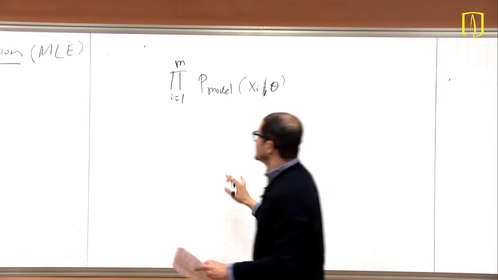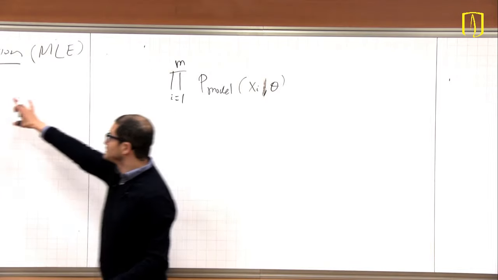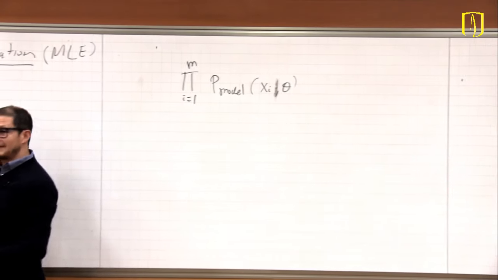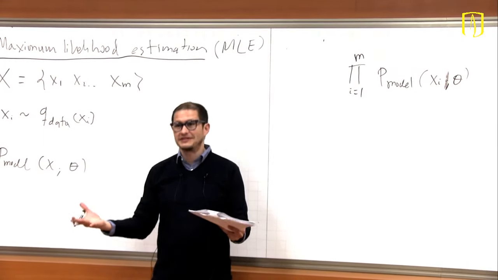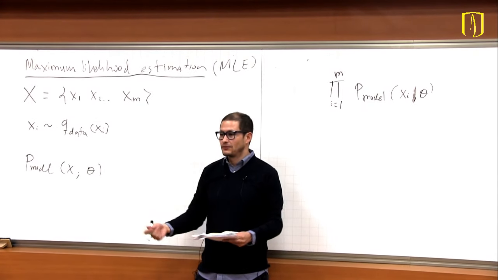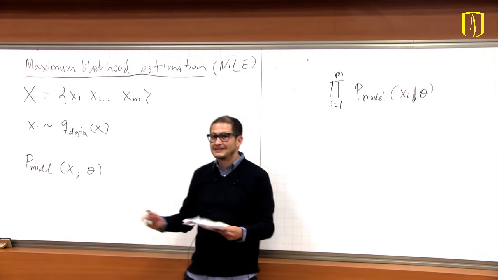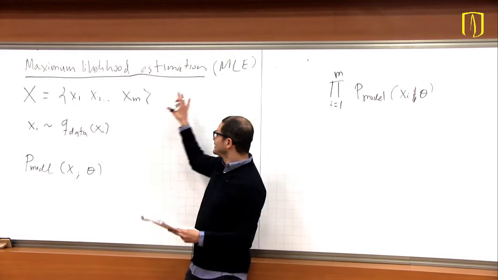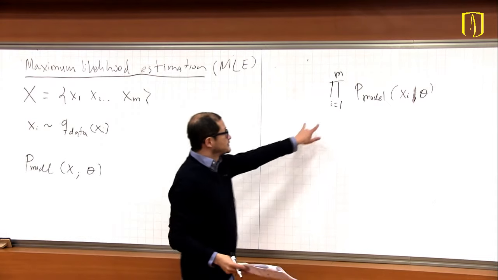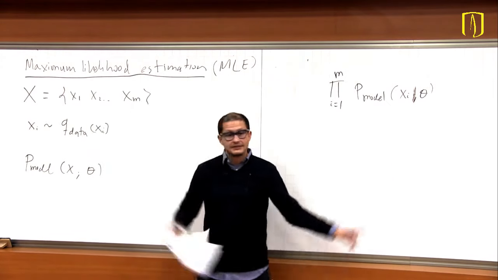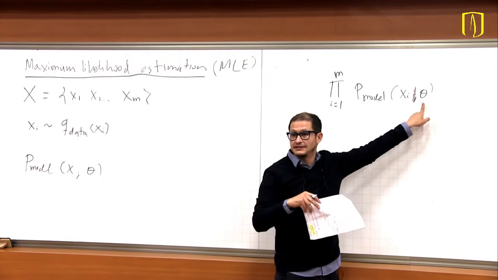And the maximum likelihood principle is the following. It's just this idea that if we see data in real life, it means that this data has high probability. Why? Because we observe it. If it wasn't likely, you wouldn't see it when you measure your quantum system, or when you take a picture, it's not random noise. You see a cat. So it means it's likely that it looks like what you see in the data. So what we want to do is maximize this probability with respect to the parameters that you have.